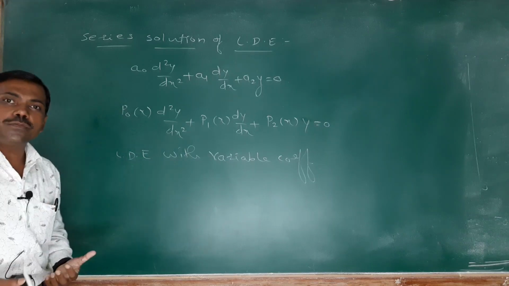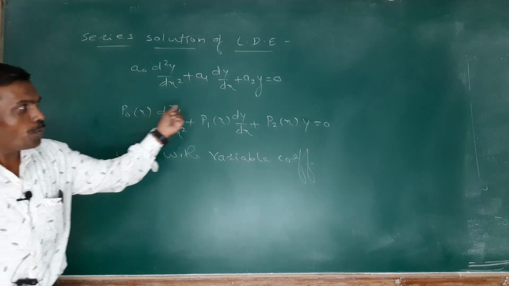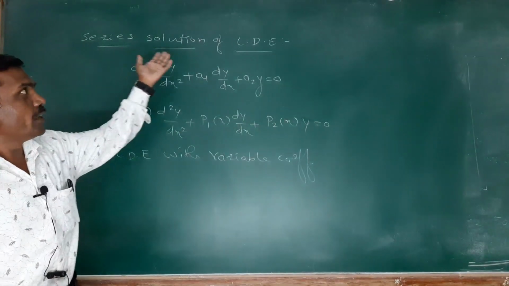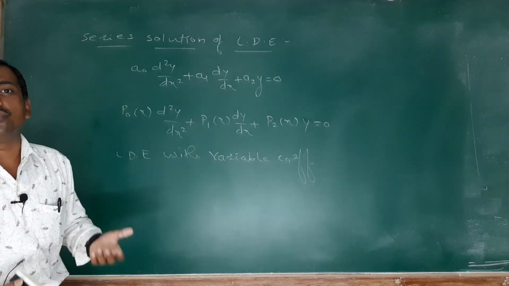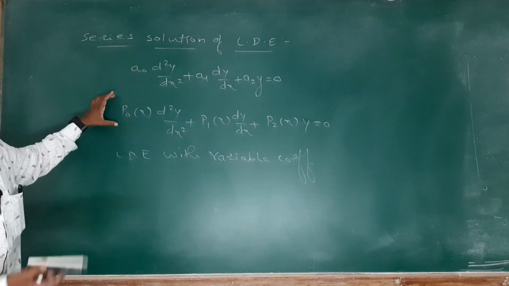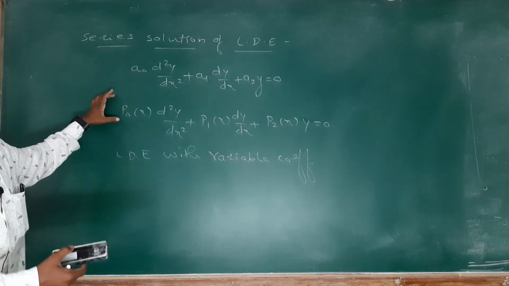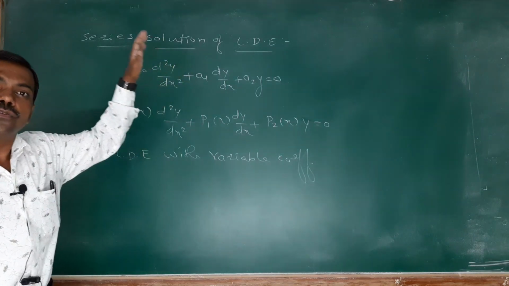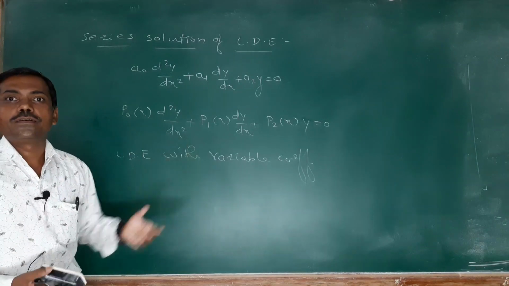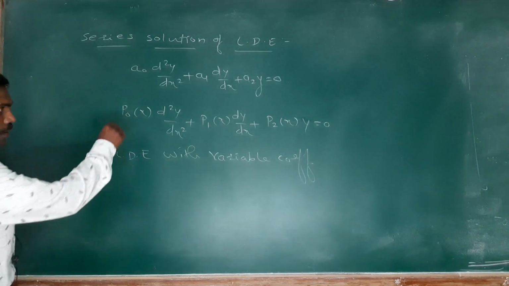So the question comes to our mind: can any type of this equation have a series solution? The answer is no. Every equation of such a type does not have a series solution. So which equations have a series solution? The answer is very simple.